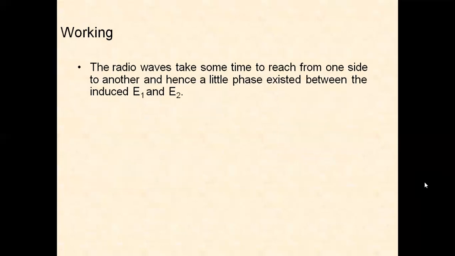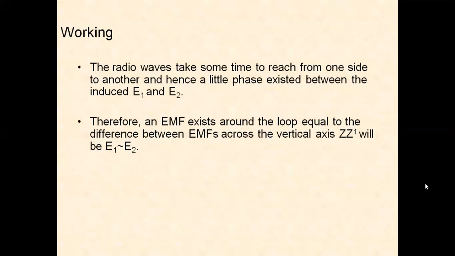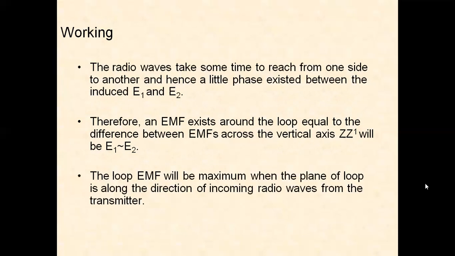The radio waves take some time to reach from one side to another, and hence a little phase difference exists between the induced fields E1 and E2. Therefore, an EMF exists around the loop equal to the difference between the EMFs across the vertical axis Z, which will be the same, E1 almost equal to E2.